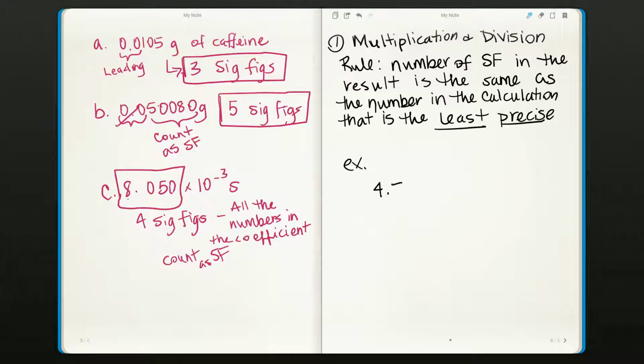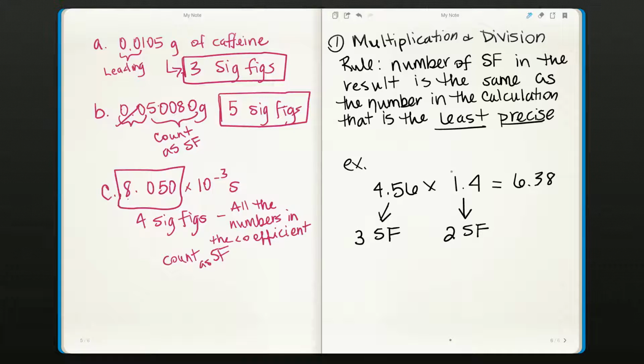Okay, example. 4.56 times 1.4. Okay, you do that math, you get 6.38. Now let's look at these two numbers. So this number has 3 sig figs, and this number has only 2 sig figs.